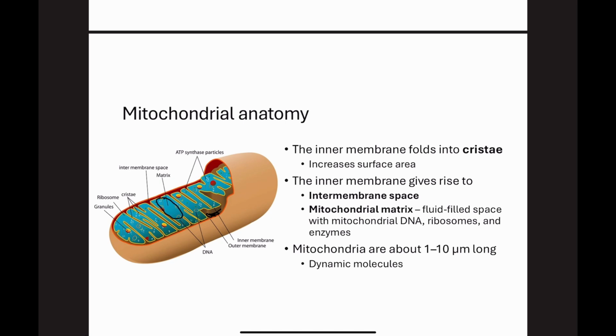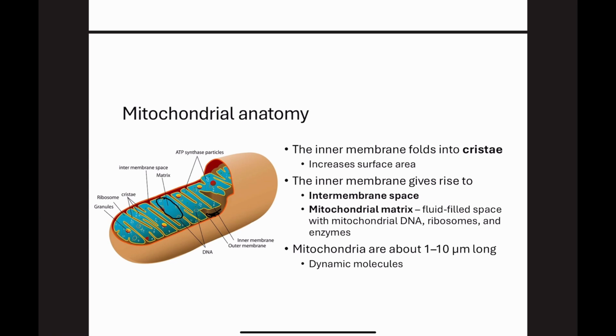And our mitochondria are really important for cellular respiration. The key metabolic reactions of respiration occur inside of that mitochondrial matrix and are catalyzed by enzymes. Our proteins that are involved in ATP production, such as ATP synthase, are embedded inside of that inner membrane.